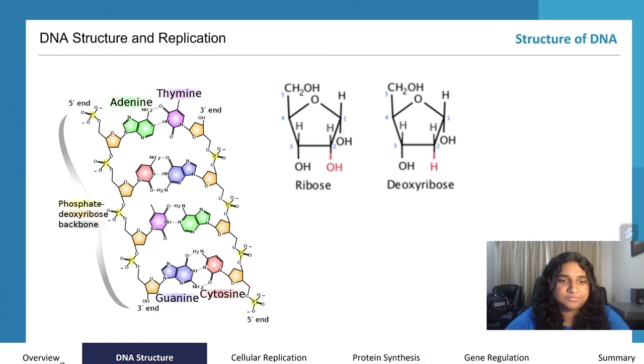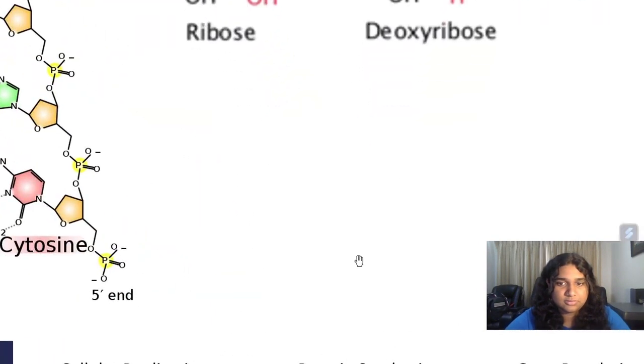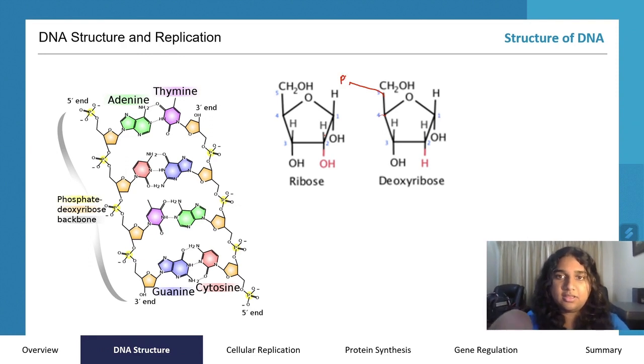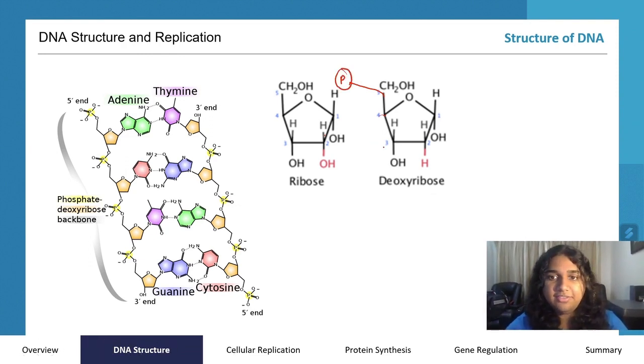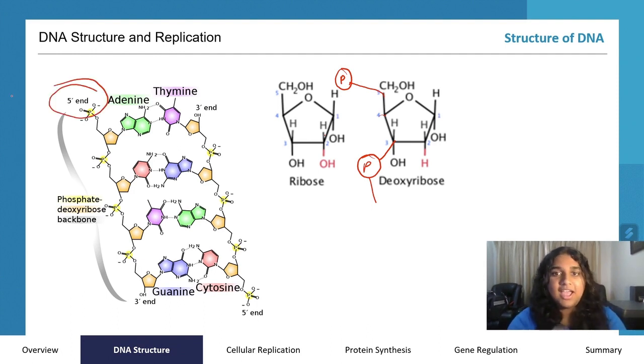It'll kind of be coming off the side of carbon number 5, and then the other phosphate group will be connected onto carbon number 3, and then it'll continue the chain on. So basically, we orient or talk about the structure of DNA in terms of its 5' end, as in the phosphate connected to the 5th carbon, and the 3' end, as in the phosphate connected to the 3rd carbon.